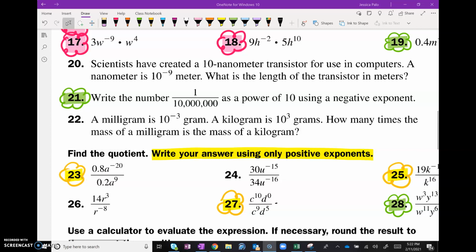And you had to think about how you would write 10 million as an exponent. 10 to what power equals 10 million? And then you had to take that fraction and pull the denominator back up to the numerator, so you had a negative exponent. So let me see your answer.